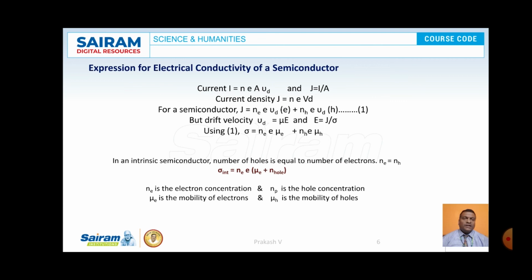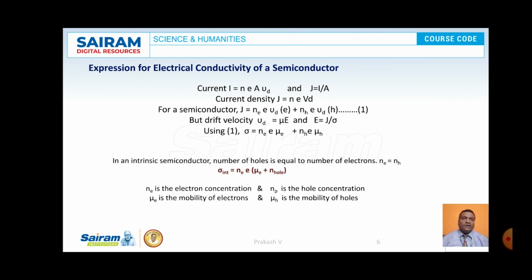Therefore, the electrical conductivity of an intrinsic semiconductor is given by sigma = Ne·e·μe + Nh·e·μh. In an intrinsic semiconductor, the number of electrons is equal to the number of holes, so Ne = Nh and we take Ne common.